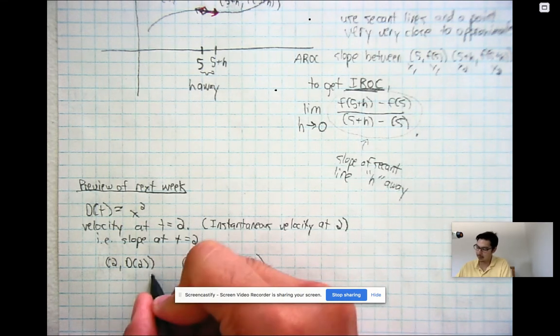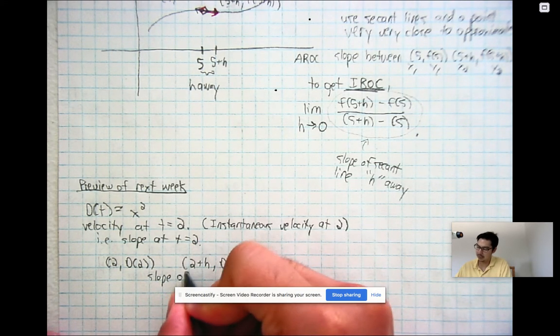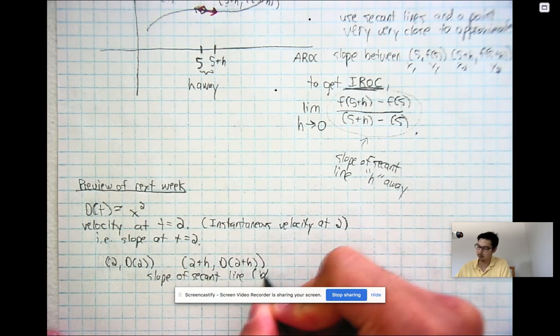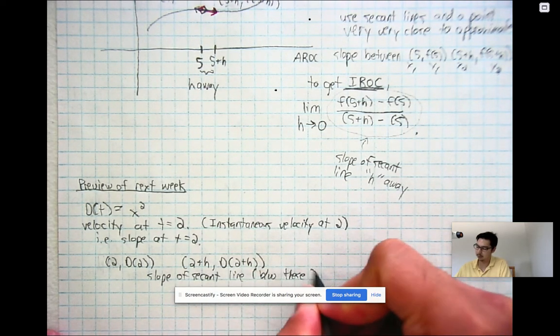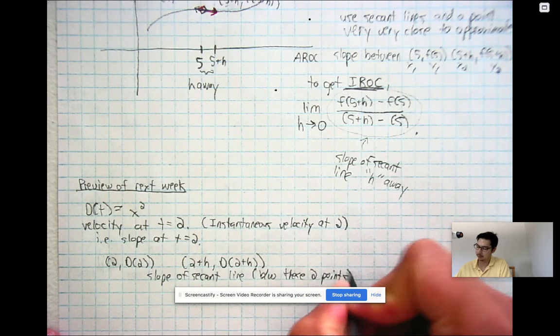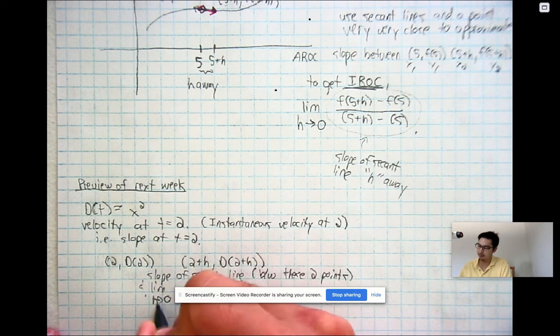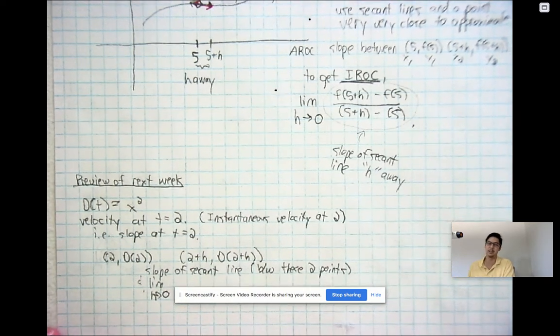We're going to find the slope of the secant line between these 2 points, and use the limit as h approaches 0 to minimize that distance between these points.